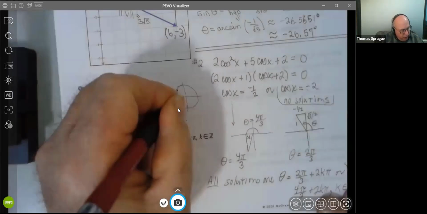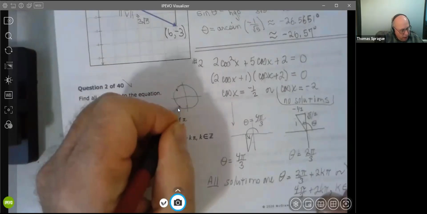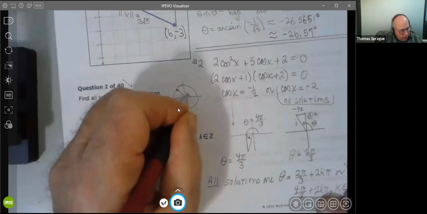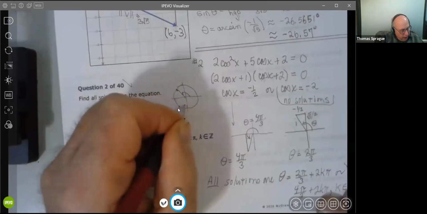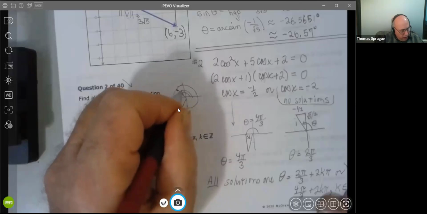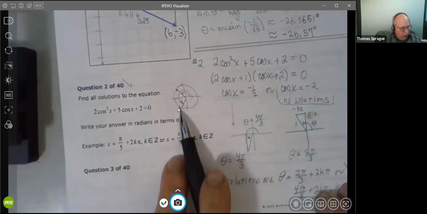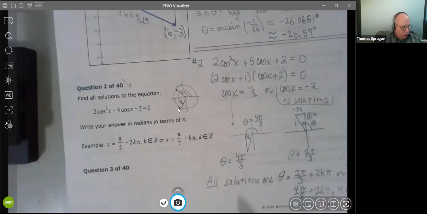So I have this kind of situation, an angle here, and another angle all the way around here. So you can see that there are two solutions. If you play a little with your special triangles, you'll figure out that the reference angle is pi over 3.